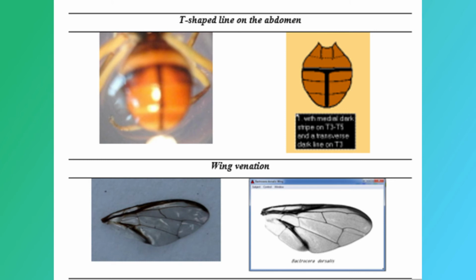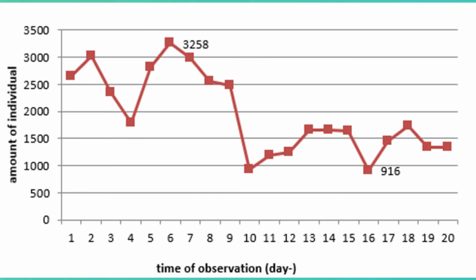The results of observation of the abundance of fruit fly population based on trapping results show that the number of fruit flies fluctuated every time the observations were made. The lowest population was obtained at the 6th observation, which was 916 individuals of fruit fly.